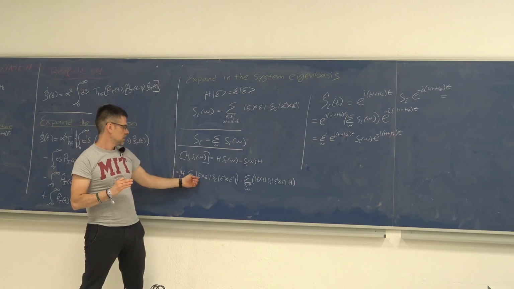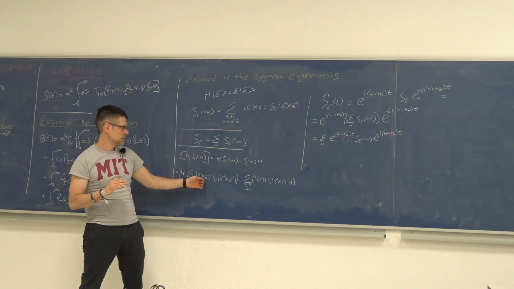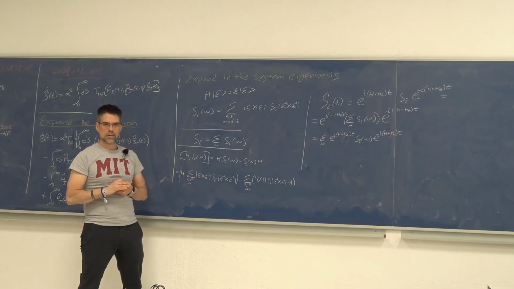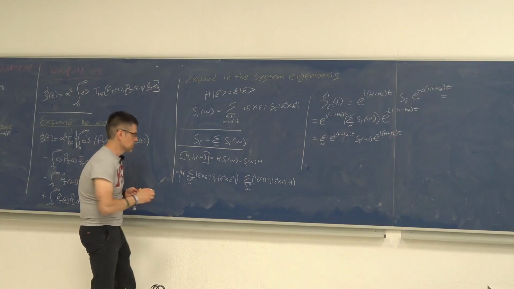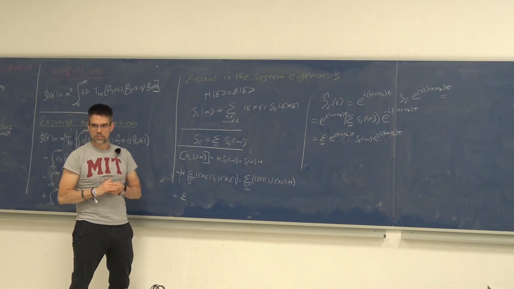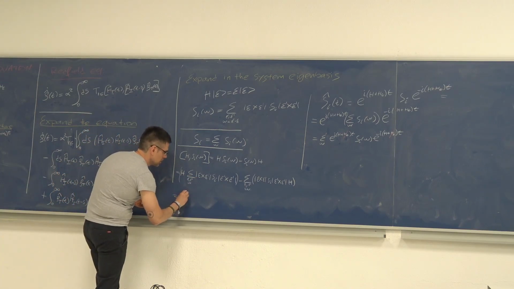And now with this H, we use the fact that this epsilon or this epsilon prime are the eigenstates of the Hamiltonian. So this will be basically epsilon, okay? We take this epsilon from here. Let's make the summation.